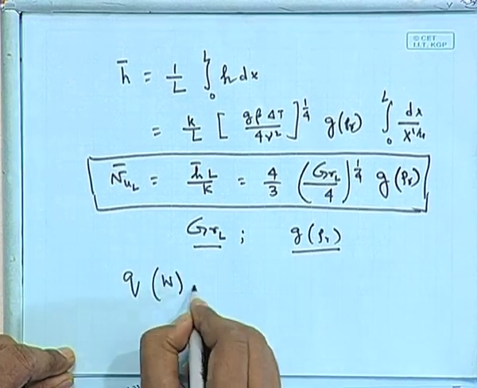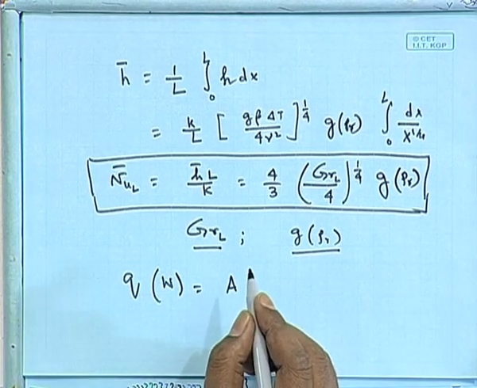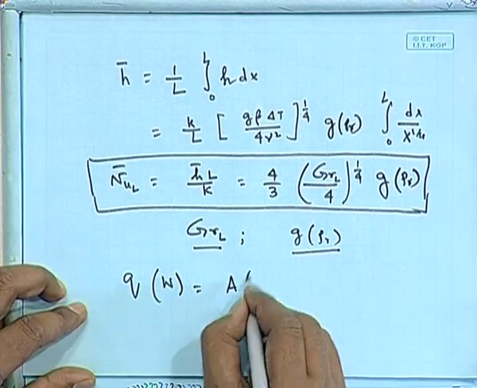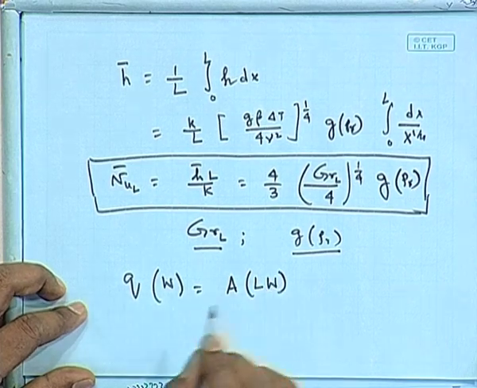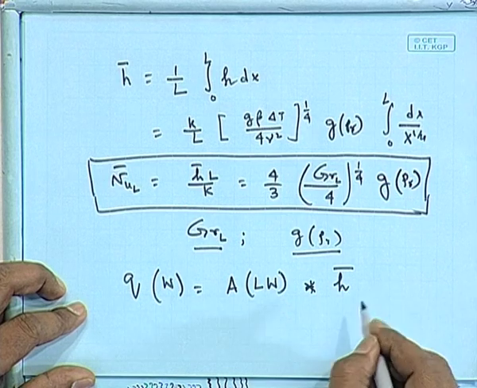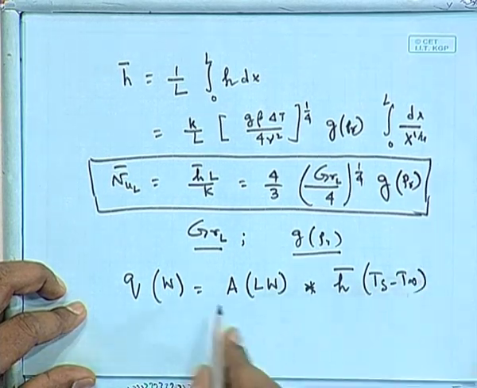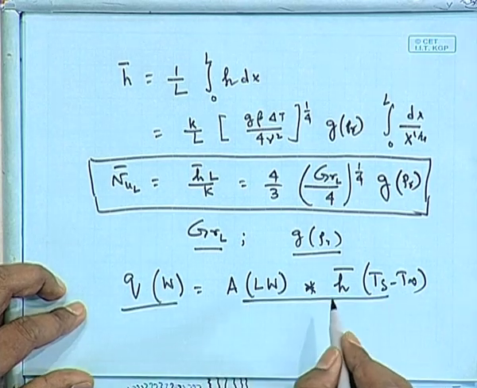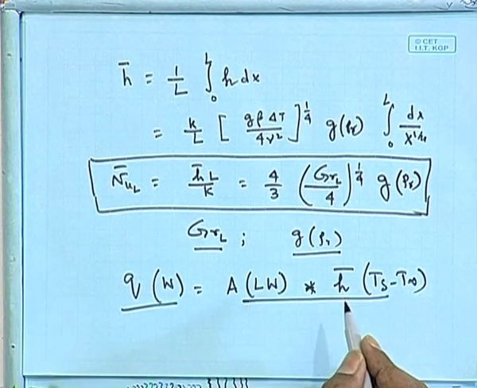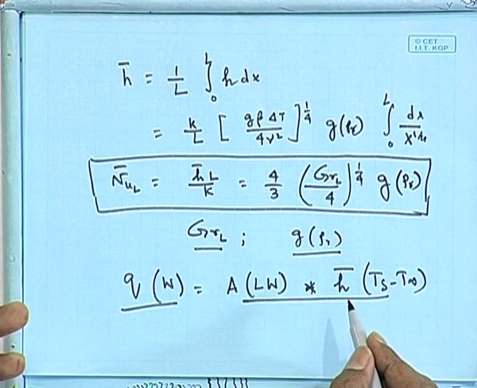That will be the area, length multiplied by the width, that will be specified, multiplied by the average heat transfer coefficient, and Ts minus T infinity. That will be the total amount of heat that has been transferred by natural convection in energy per unit time.